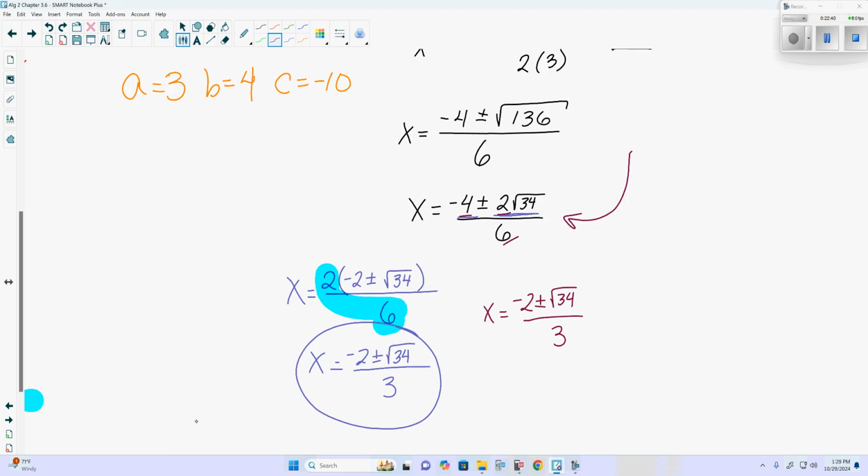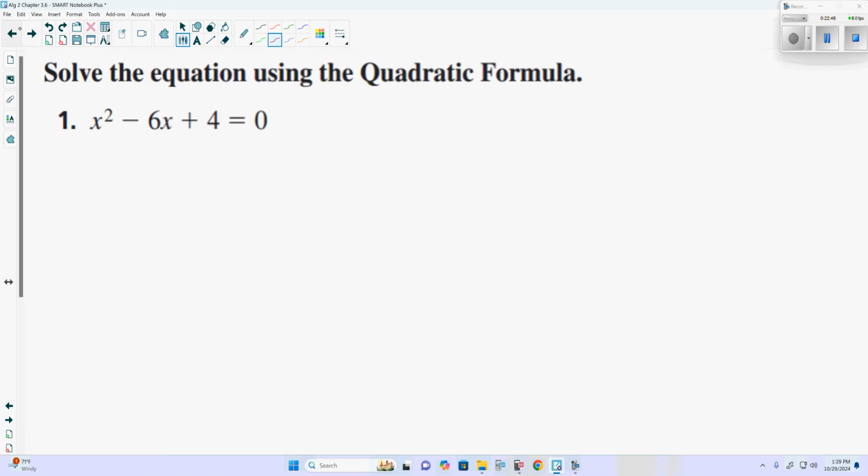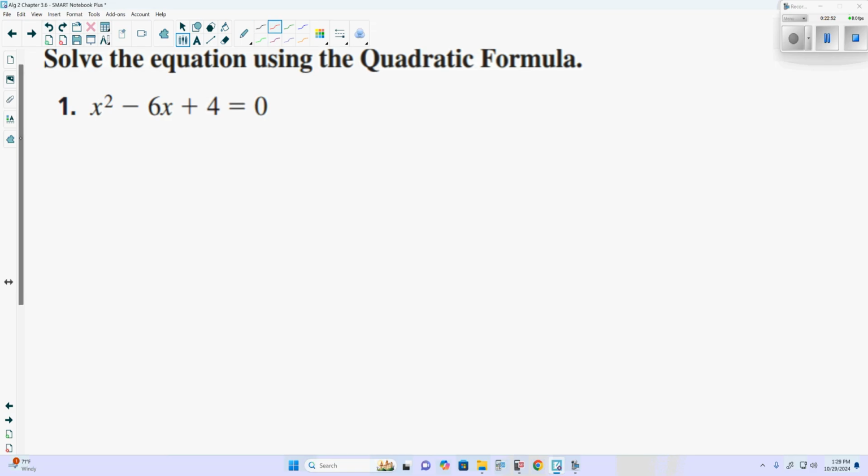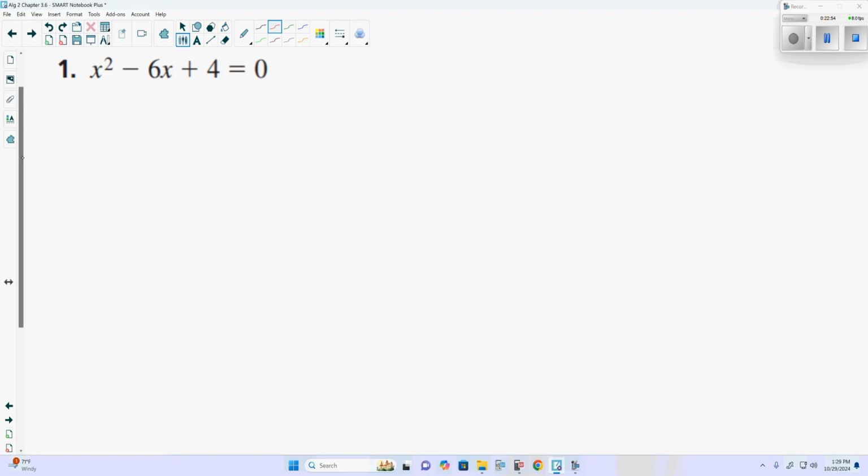We ready for the next one? This one here is a little bit nice in that it is already equal to 0. We have x squared minus 6x plus 4. And all that means we don't have to do anything to get it into standard form to find our values of a, b, and c.